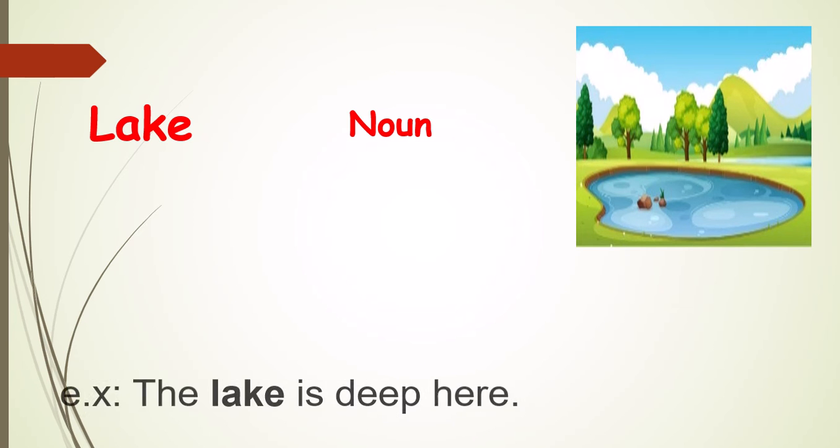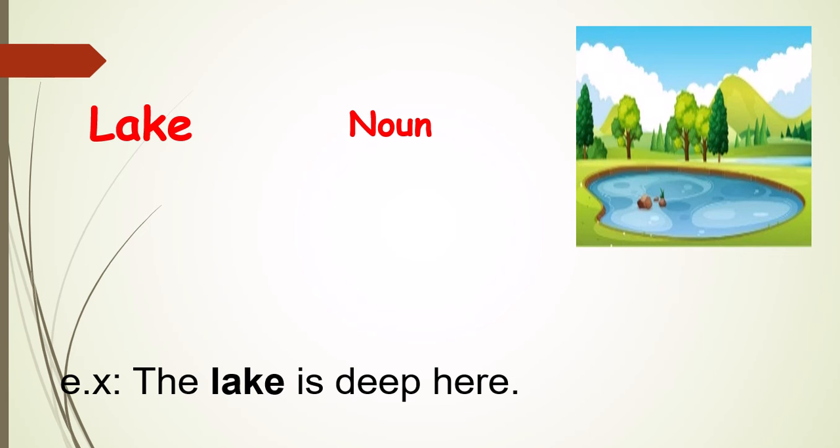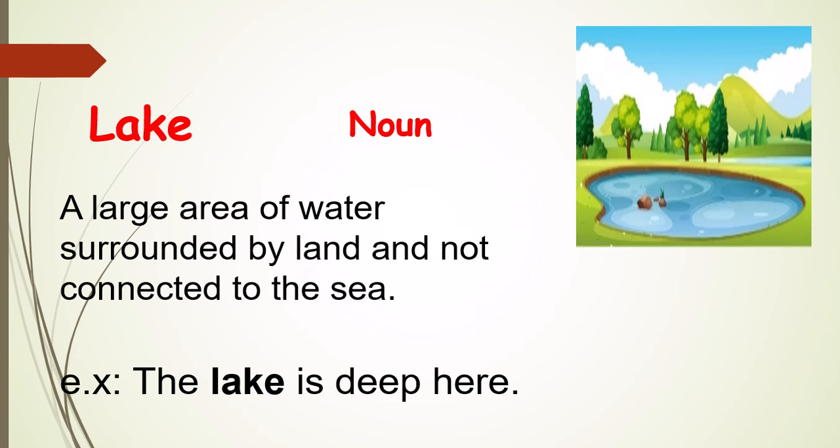Let's see an example. The lake is so deep here. Let's see the meaning of lake: a large area of water surrounded by land and not connected to the sea. So we have a difference between lake and sea.